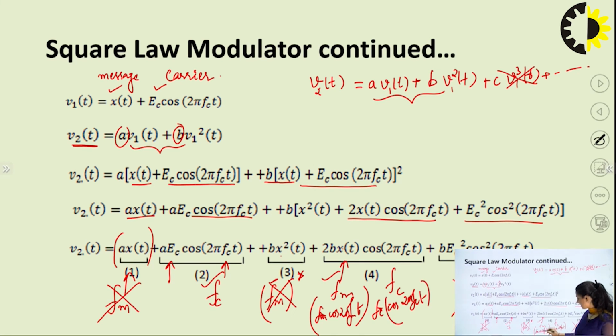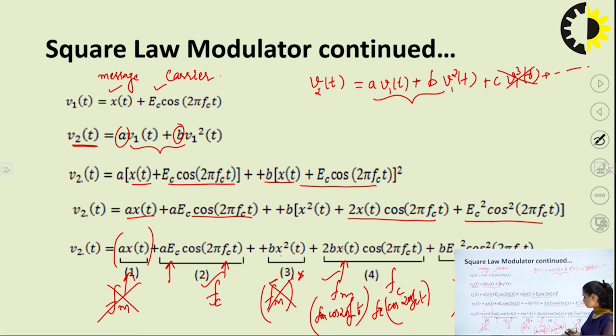So when I again apply cos A cos B, I'll get cos A plus B plus cos A minus B. That means my fourth term will have only sidebands, that is upper sideband, where A plus B terms will give you FC plus FM, A minus B terms will give you FC minus FM. So my fourth term does contain only sidebands.